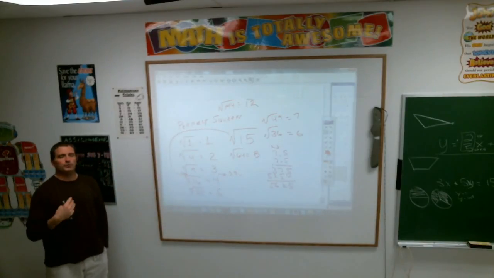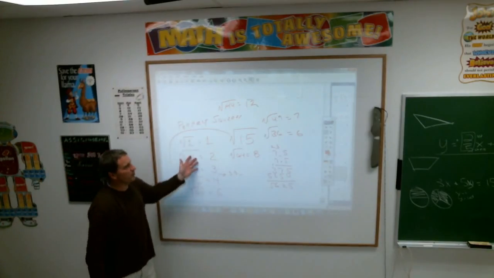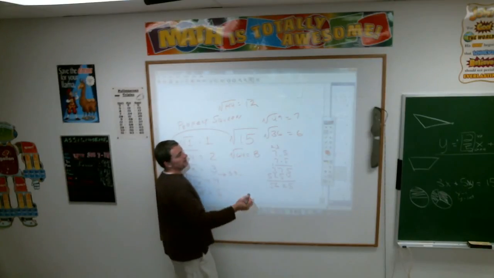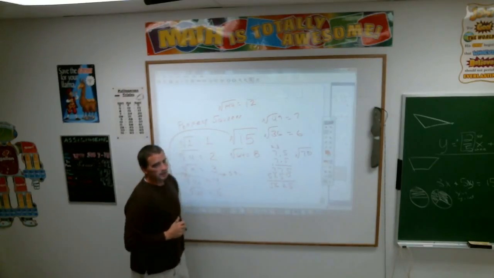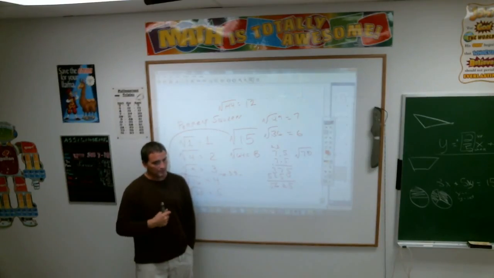Very few of them in our world are going to work out. So the book will probably give you all these nice ones because they're pretty nice to you to start off with. But if you do see something like the square root of 70, even though it doesn't work out, you should be able to tell me what it's close to. What times what gives you close to 70?